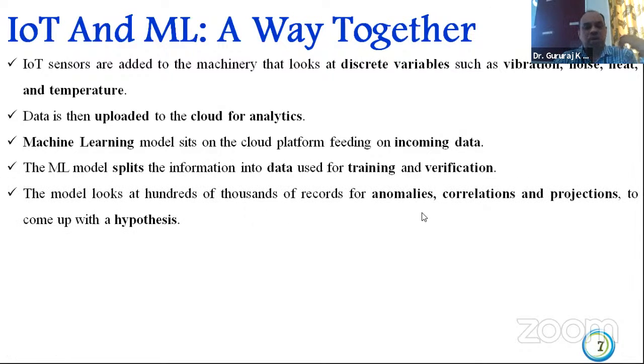We have to try to correlate those, project and define a hypothesis and try to prove it. A hypothesis is nothing but some assumption, something that we feel: yes, this is going to work as per my analysis. Once we have the hypothesis, we need to prove that it is working fine by taking all these machine learning and AI algorithms on the data that is fetched from these sensors.